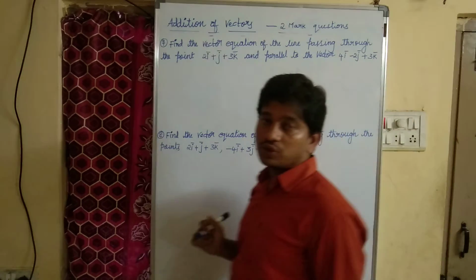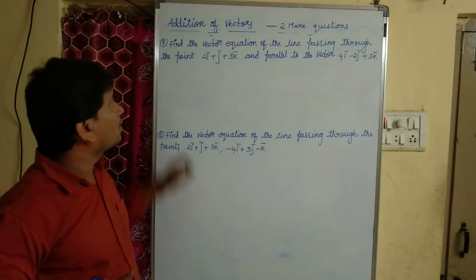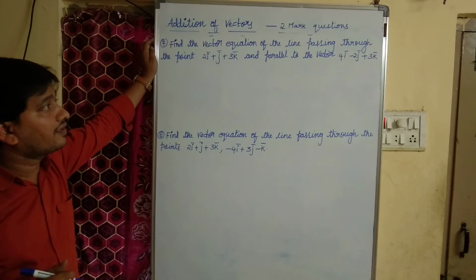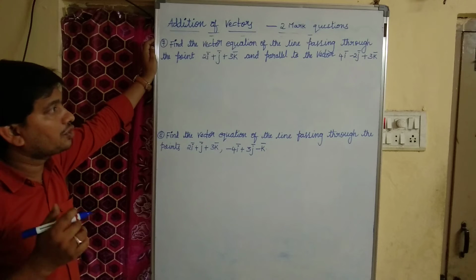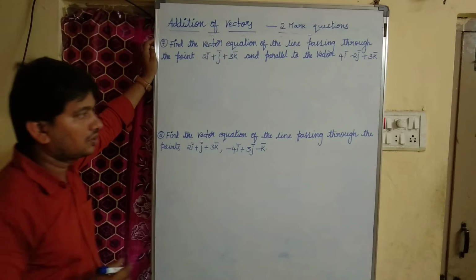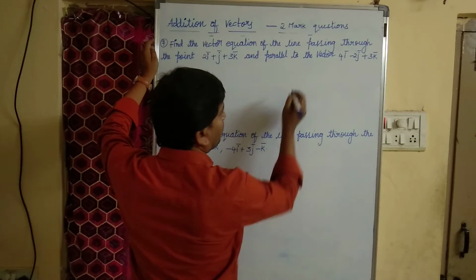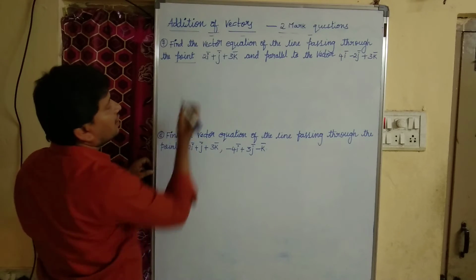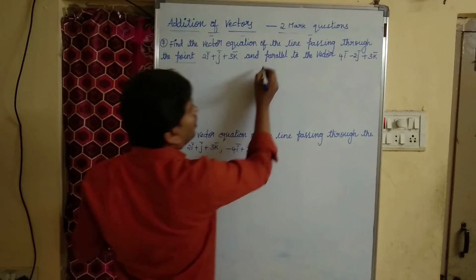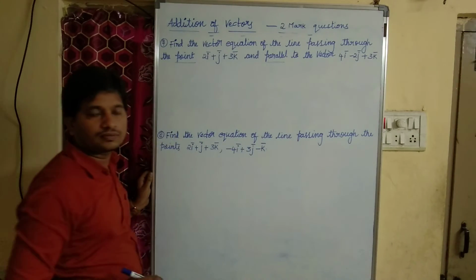Now coming to 7th question, find the vector equation of line passing through the point and parallel to the vector.